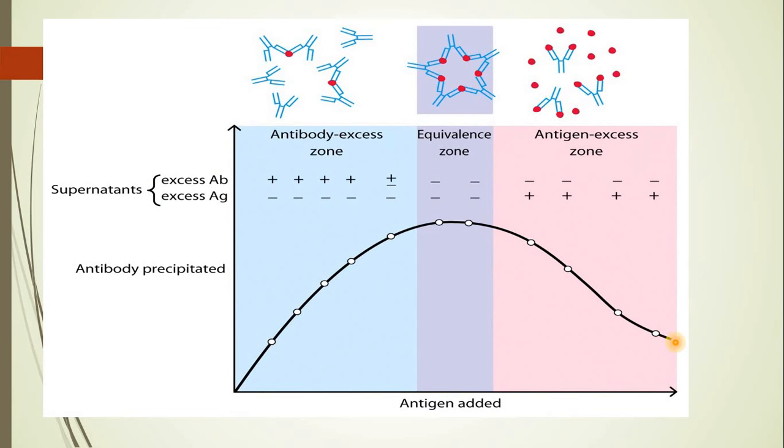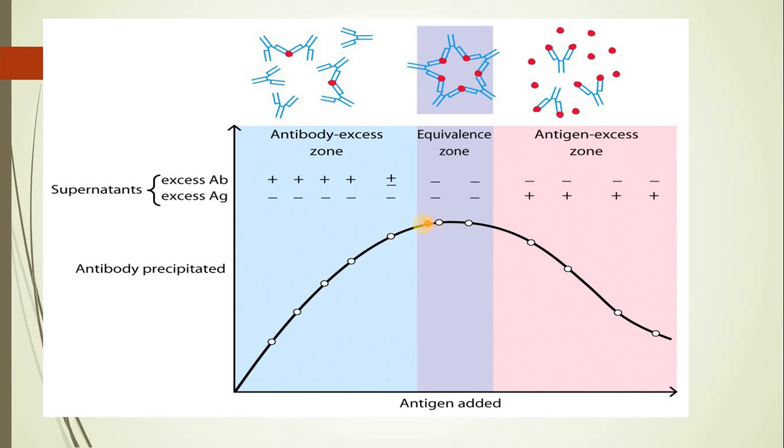This is once again shown in the graphical representation, right? Here you can say antibody is in excess, antigens are less. So when it is very less, the binding will go on in linear progression.